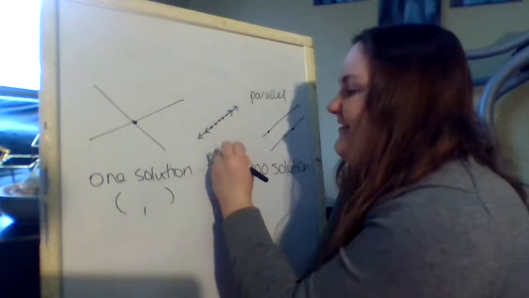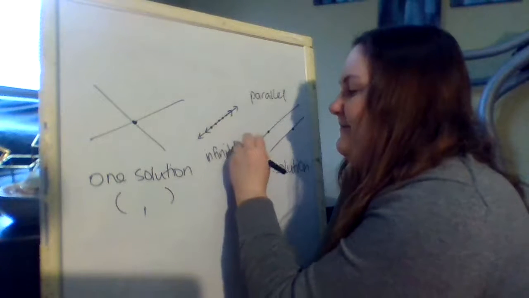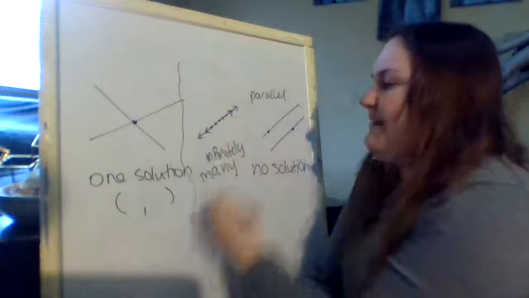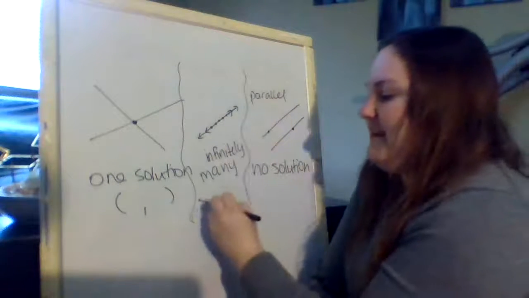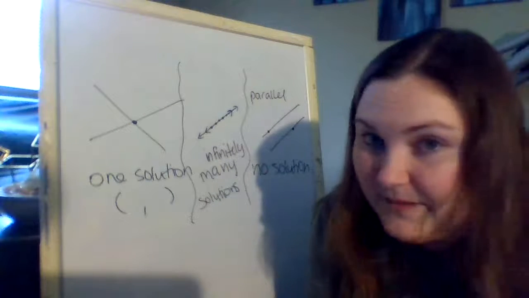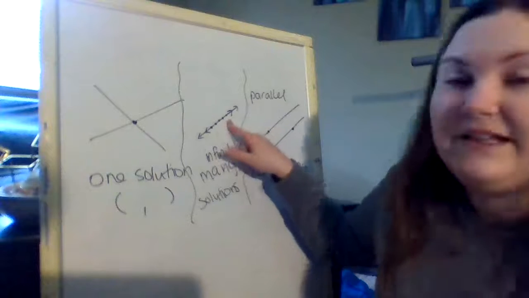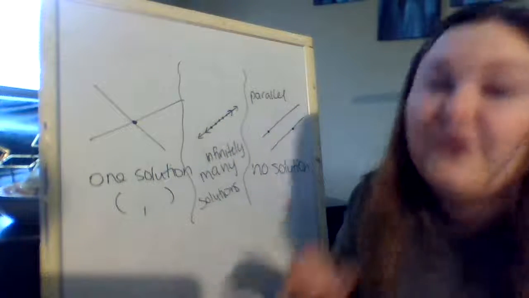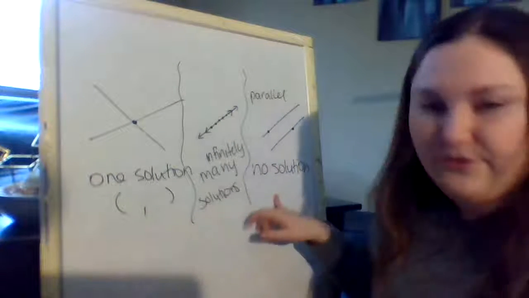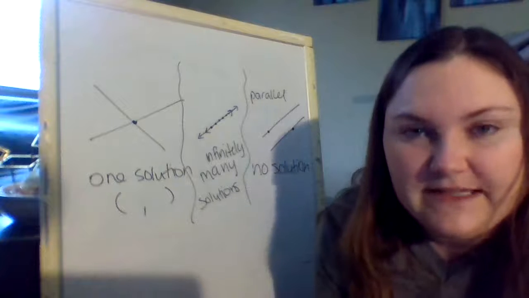There are infinitely many. So for this middle one here, we say there are infinitely many solutions. Infinitely many solutions because there are infinitely many points on both lines. So there are infinitely many points that would satisfy both equations.